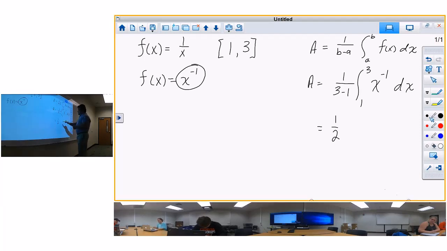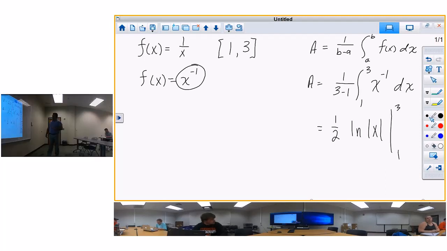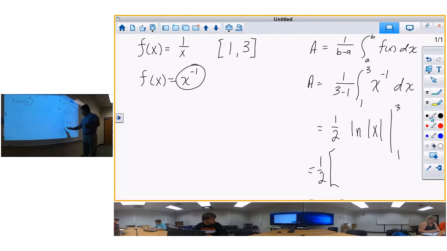Now, what's natural log of the absolute value of x? Because you can't take the natural log of what? Negative. 1/2 natural log of 3 minus the natural log of 1.